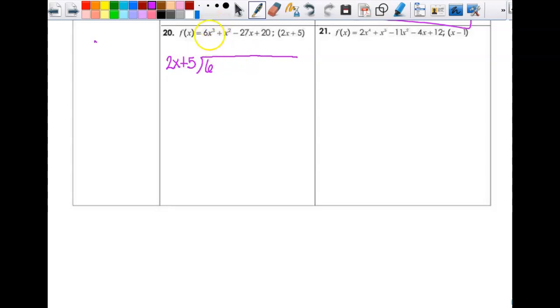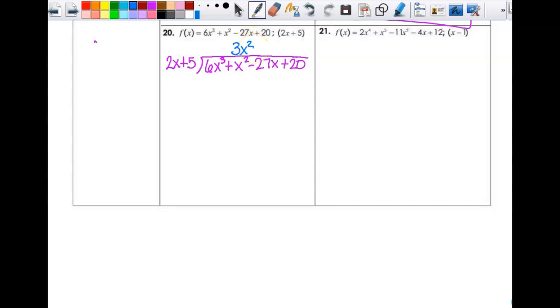Okay, first of all, it's a cubed, and I've got 4 terms. I'm good. So 6x cubed plus x squared minus 27x plus 20. All right, we'll just go ahead and do this together. So 2x divides into 6x cubed. That's going to give me 3x squared.